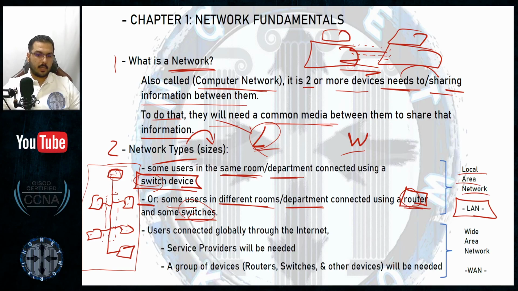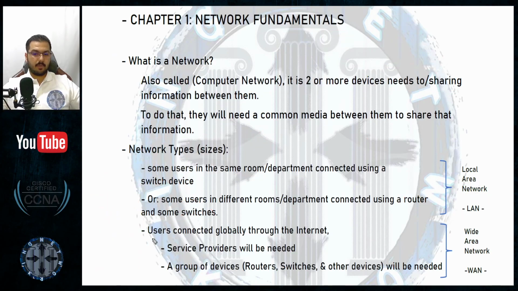Type number 2 is when you have something larger, when you have some users connected worldwide, globally, between regions, between countries, between continents, between states, between governorates. At that time they are connected through the internet. Now you are playing against your friend, but he or she is in a different place.